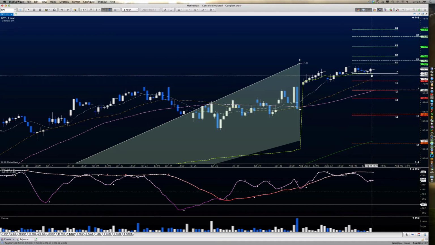So below, what to do below? Well, we've got this pesky wick right here, right? That it doesn't really belong because the real breakdown level is about 170.43, right? We could take it at the loss of the pivot and the weekly VWAP, but you want to be really careful.